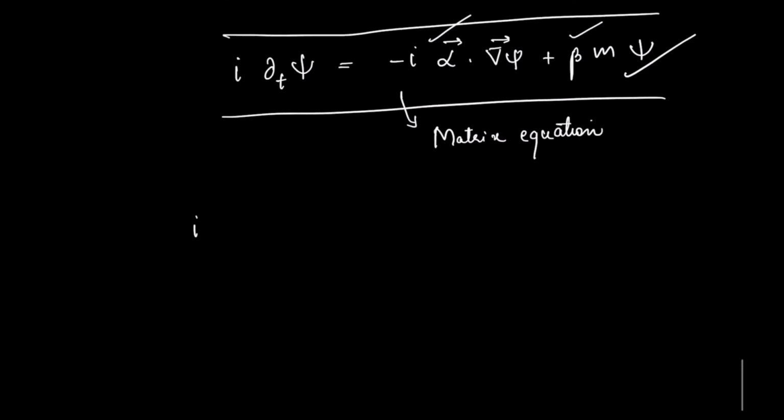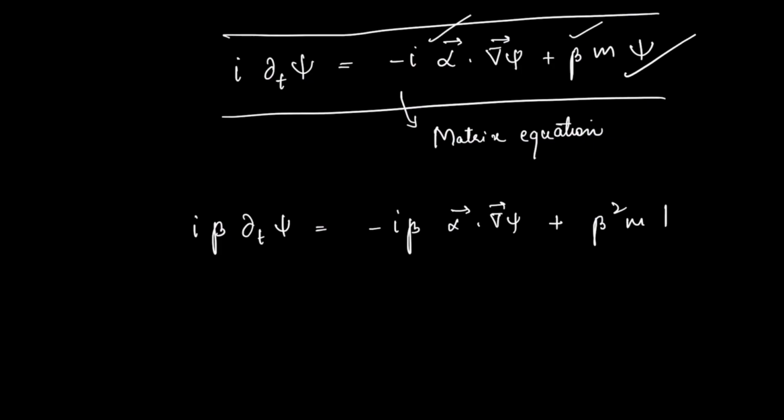So i beta partial t psi is equal to minus i beta alpha i partial i psi plus beta square m psi. One of the properties says that beta square is identity, therefore I can write beta square is equal to 1.